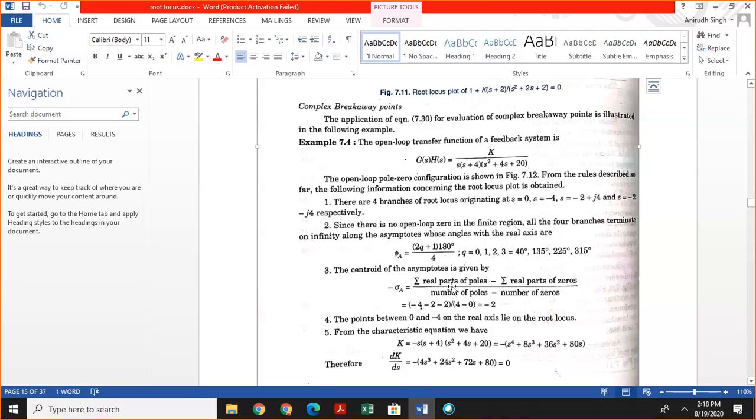Centroid is given by summation of real parts of poles minus summation of real parts of zeros, divided by number of poles minus number of zeros. Summation of real parts of poles is 0, -4, -2 and -2, divided by 4 minus 0, which is 4. Value of centroid is -2.